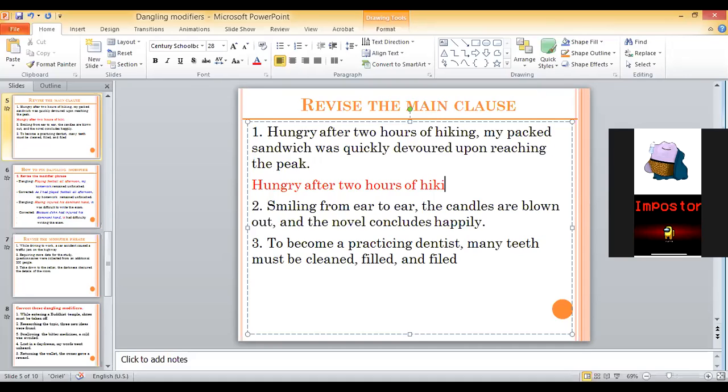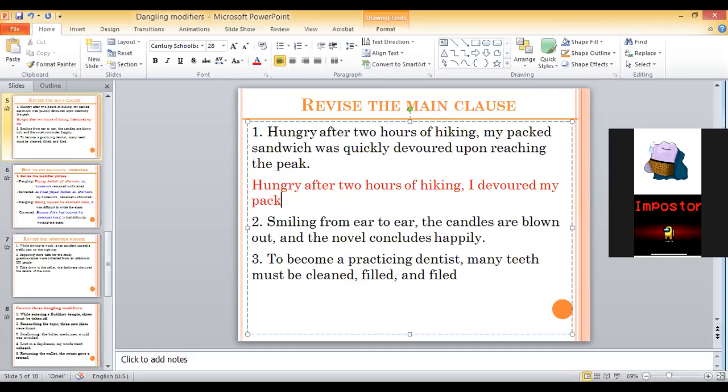I put "devour". Devour means eat very quickly. I devour my pack... my pack what? Sandwich. I devour my packed sandwich.